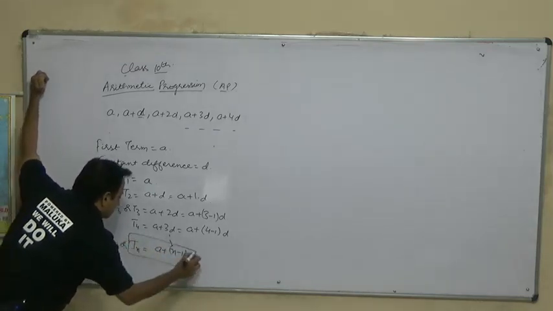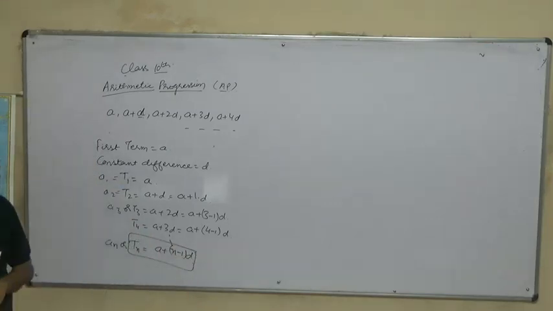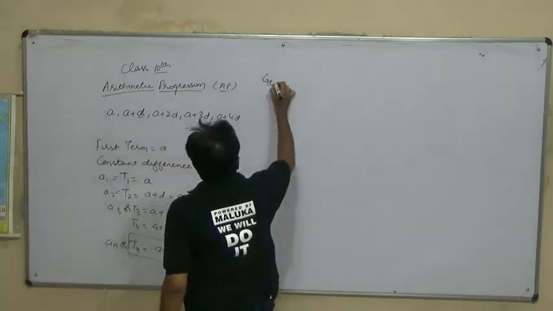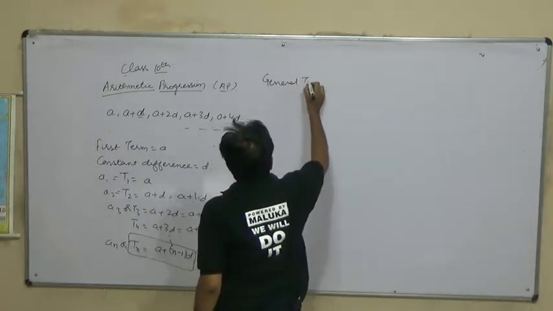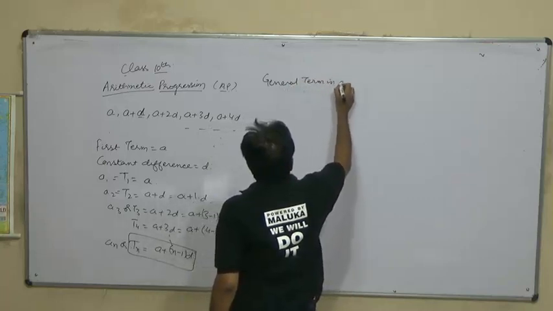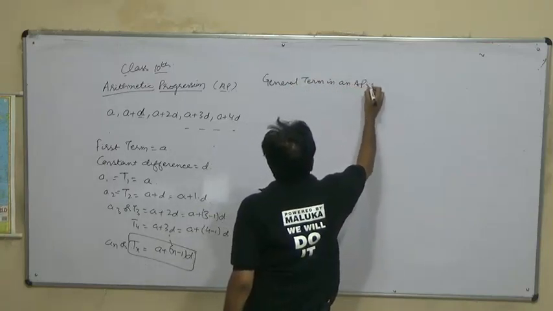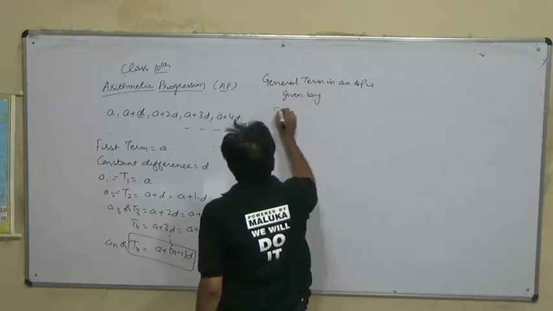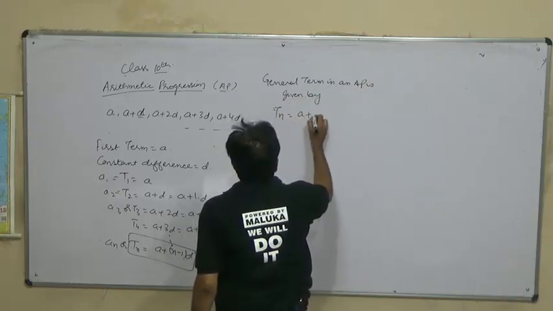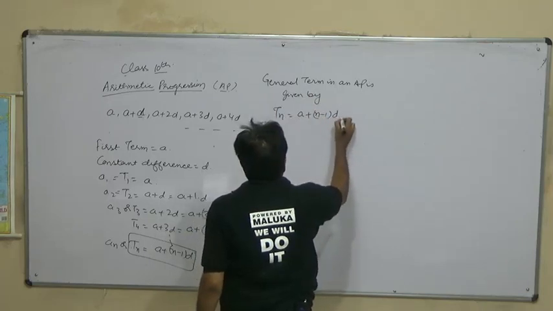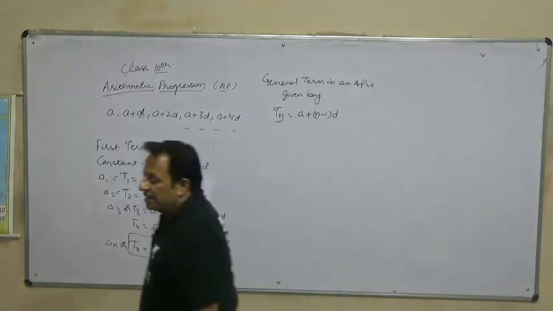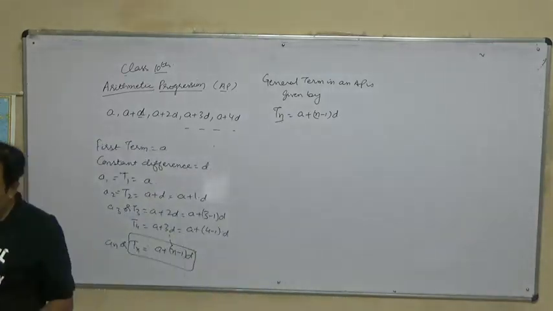So this is the general formula to find the nth term of an AP. The general term in an AP is given by Tn equal to A plus n minus 1 into D. Somewhere it is termed as Tn and elsewhere it is written as An.